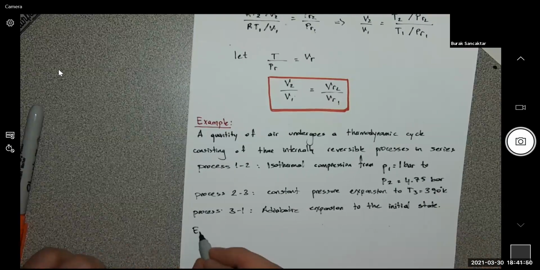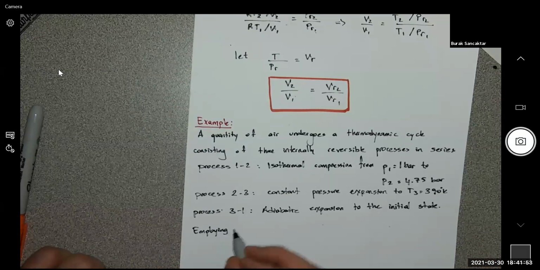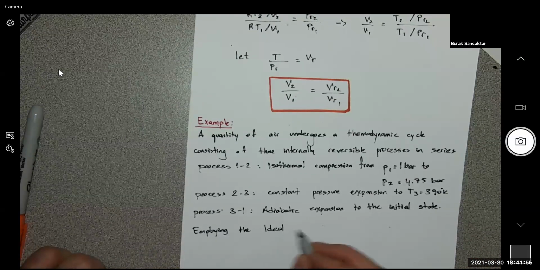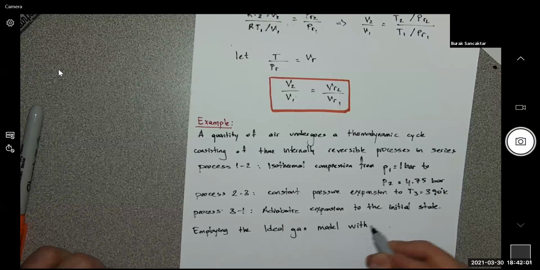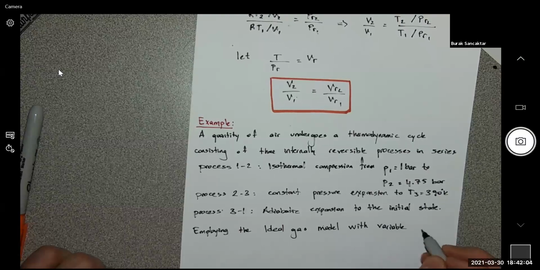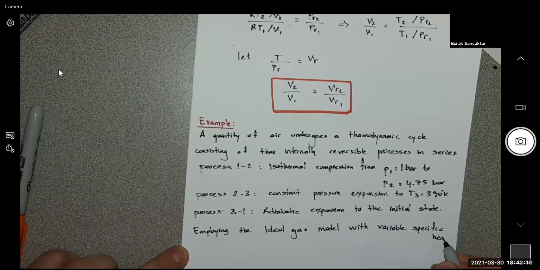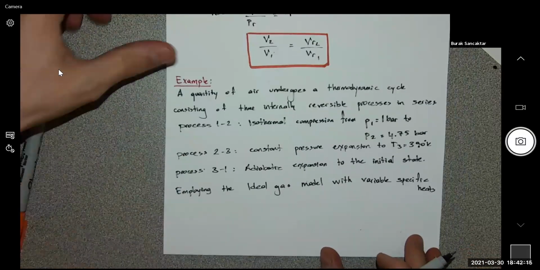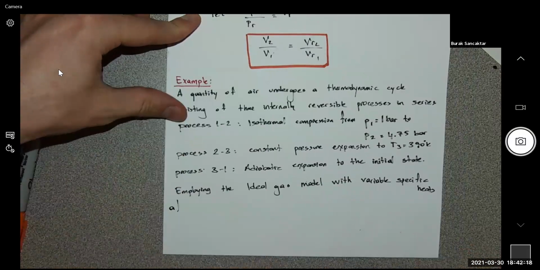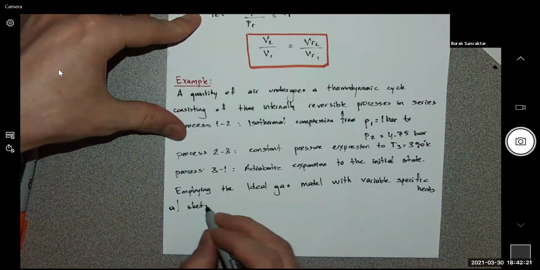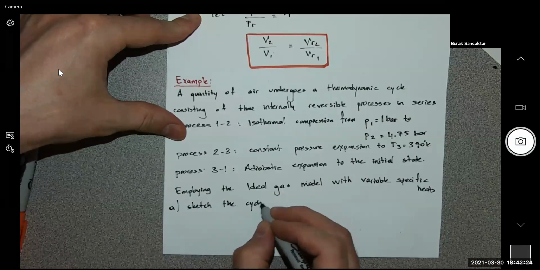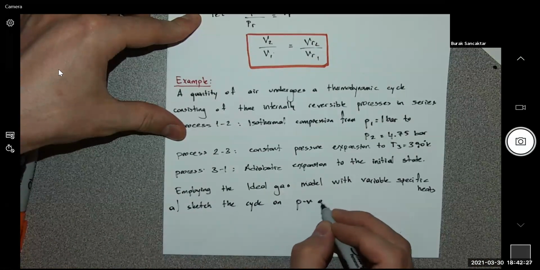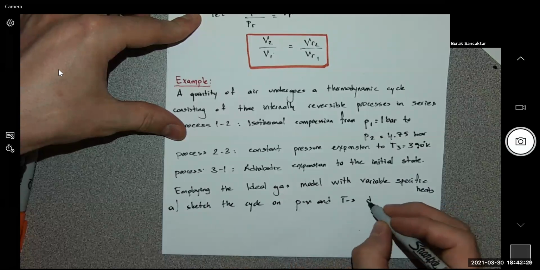By employing ideal gas model with variable specific heats, A, sketch the cycle on PV and TS diagrams.